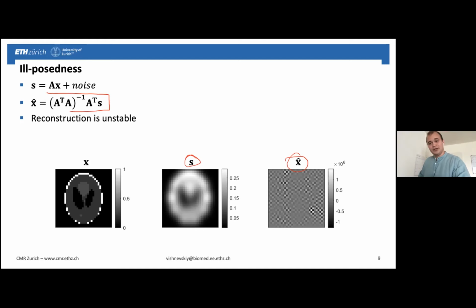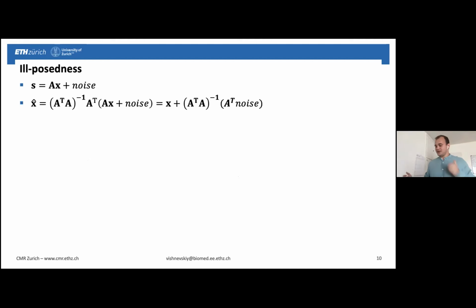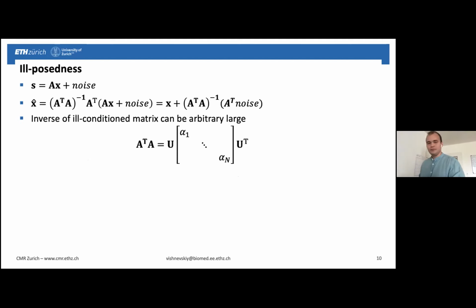So what we need to do is regularization. To see why we need regularization, you can consider the eigen decomposition of the normal matrix. We take the eigen decomposition to characterize the solution given by the pseudo inverse, right? The normal matrix is the product of U, which is an orthogonal matrix, a diagonal matrix with eigenvalues on the diagonal, and U transpose.